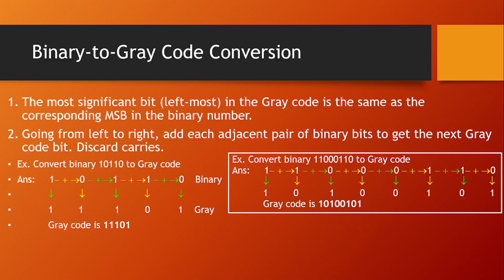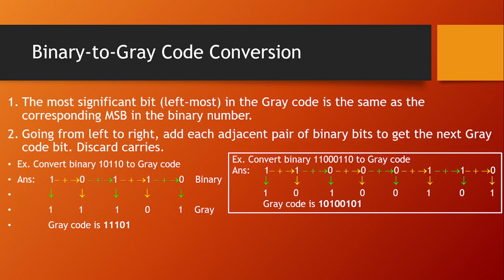Now the second binary bit 0 is added to the third binary bit from left, that is 1. So 0 plus 1, sum is 1. I write down 1 as the third gray bit.